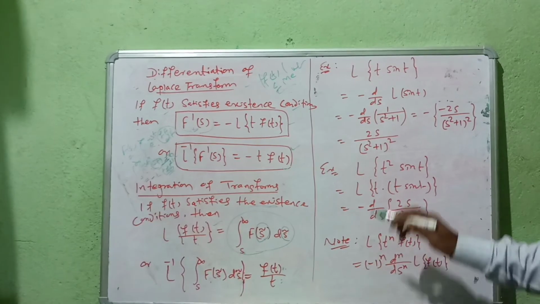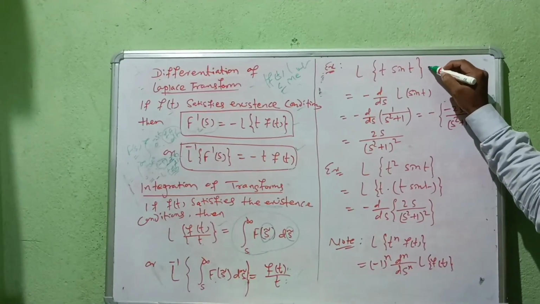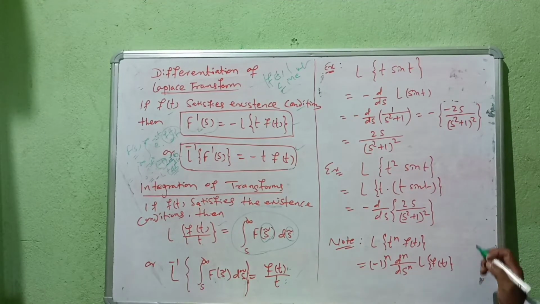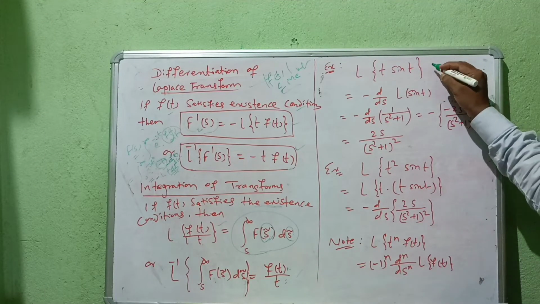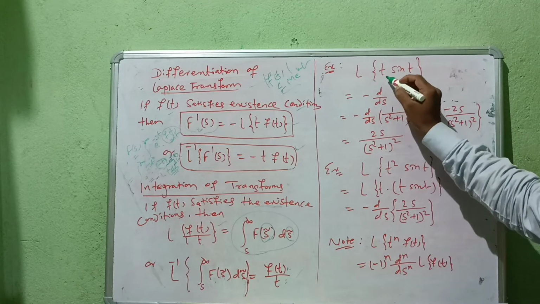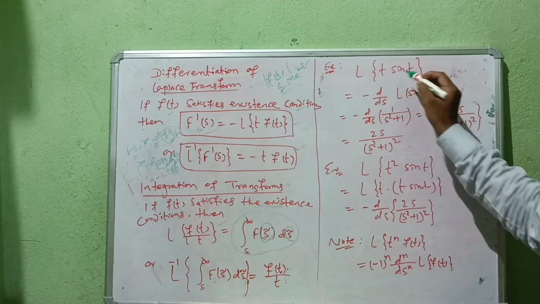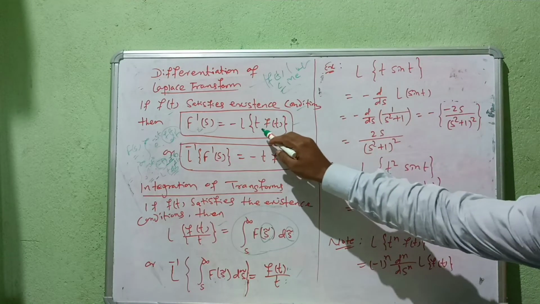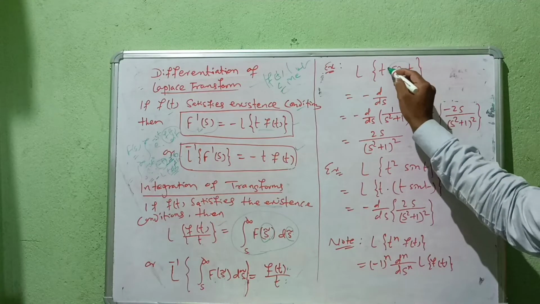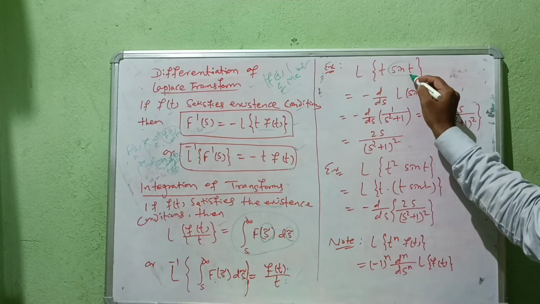See here, Laplace of t sin t. So how do we find this? Laplace of t f of t. If you compare with the formula Laplace of t into f of t, in place of f of t, sin t is here.